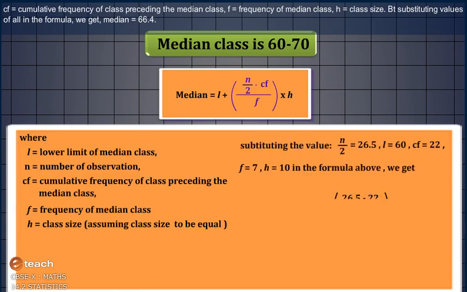By substituting the values in the formula, we get median is equal to 66.4.